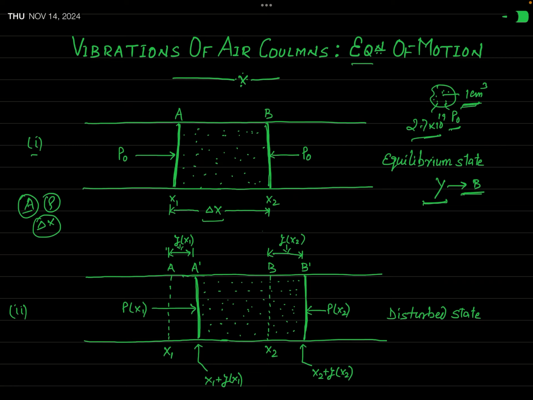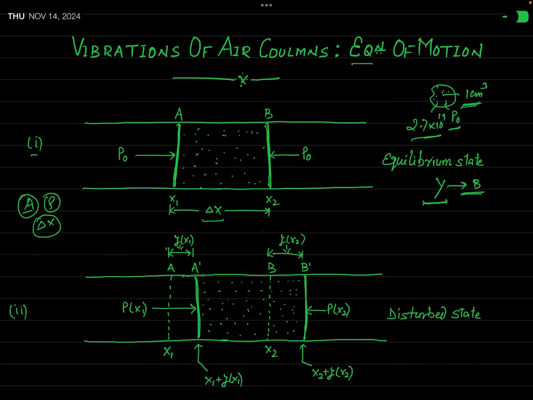This first figure represents the gaseous column in the equilibrium state, when no disturbing or perturbing force has been applied on this column. AB is the slice or element which we have considered.